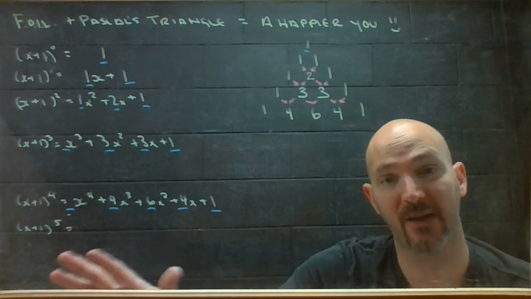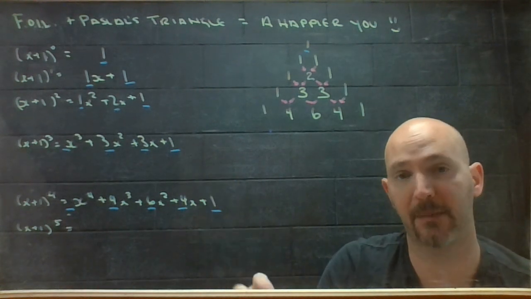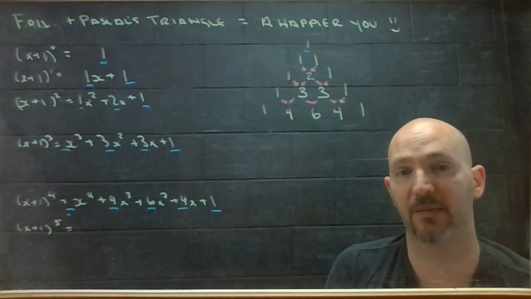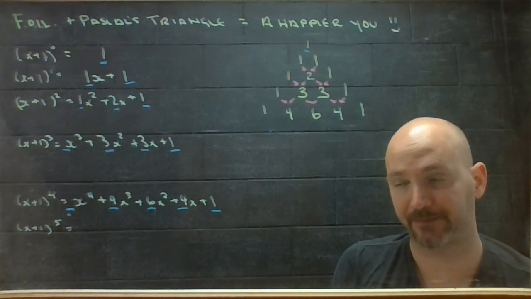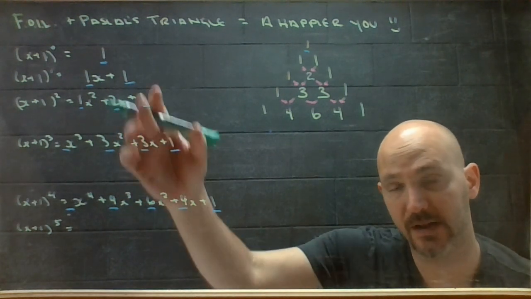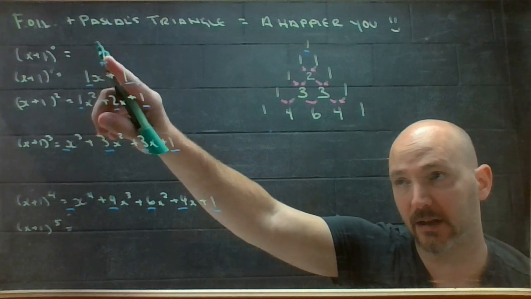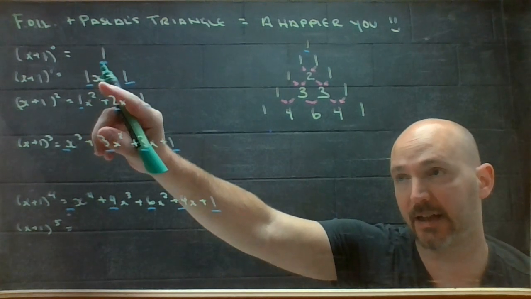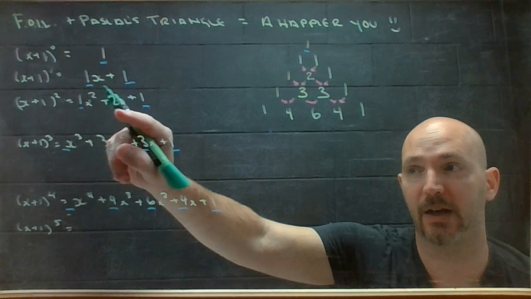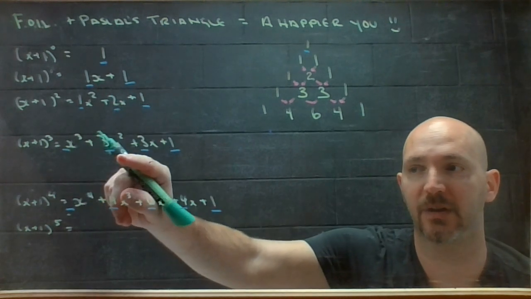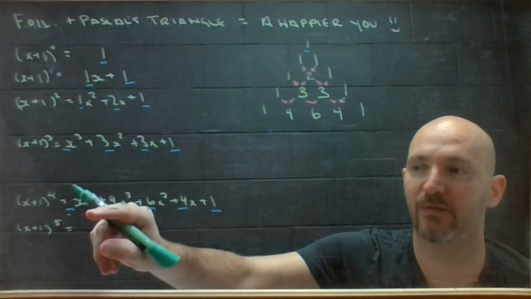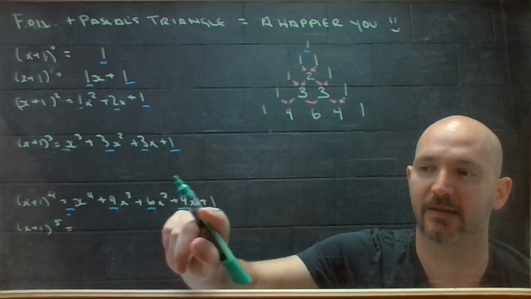That generates 10 terms in total. I'm going to have to collapse down based on like terms. It takes a long time. But if you notice the patterns here, I had just a number, then an x and a number, then an x squared, an x and a number, an x cubed, an x squared, an x and a number, an x to the 4, an x cubed, an x squared, an x and a number.